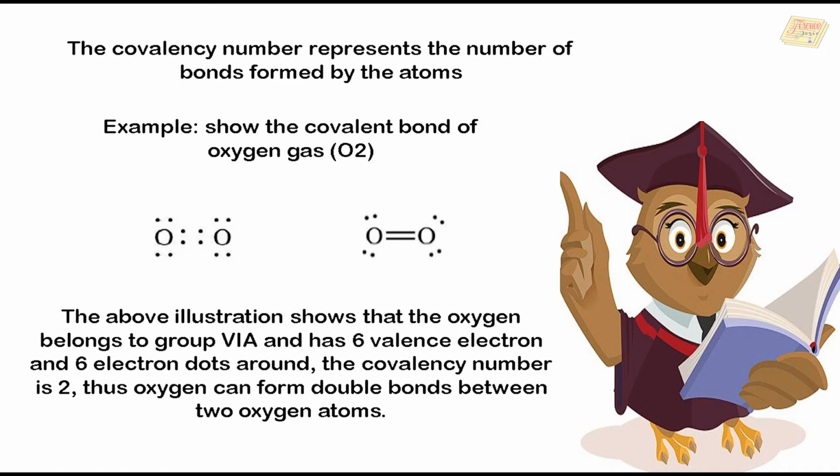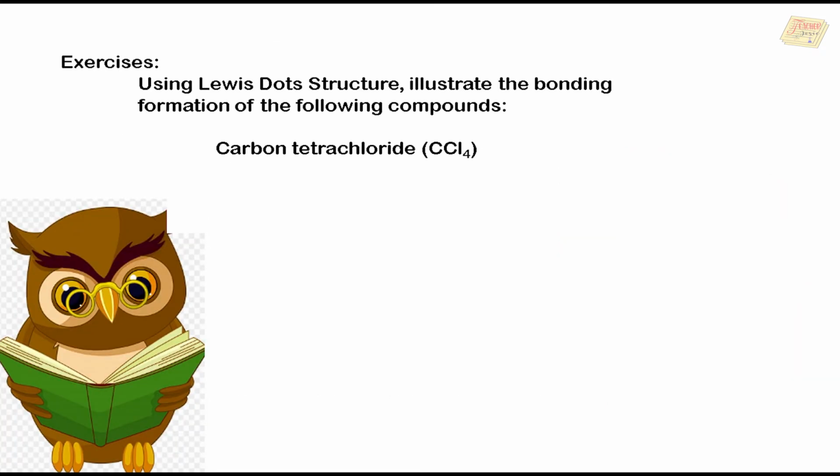Example, show the covalent bond of oxygen gas. The above illustration shows that oxygen belongs to group 6A and has 6 valence electrons and 6 electron dots around. The covalency number is 2. Thus, oxygen can form double bonds between 2 oxygen atoms.